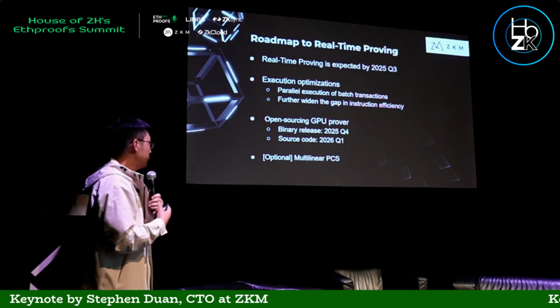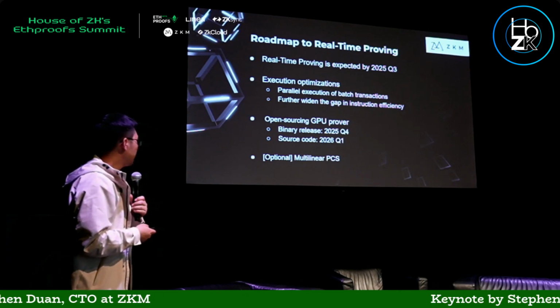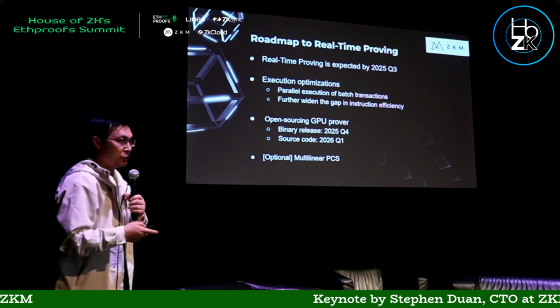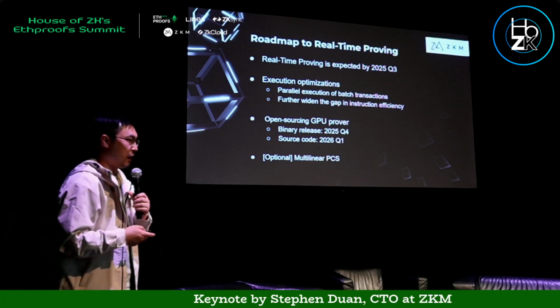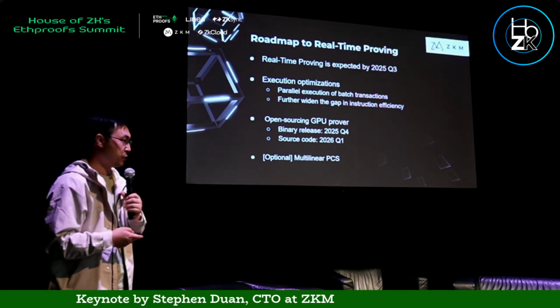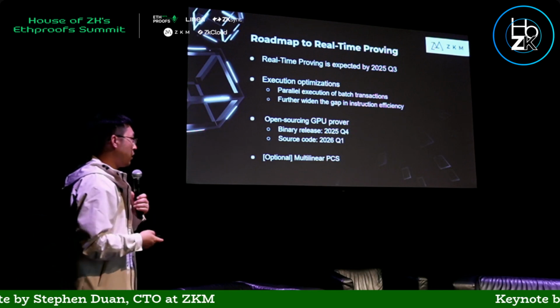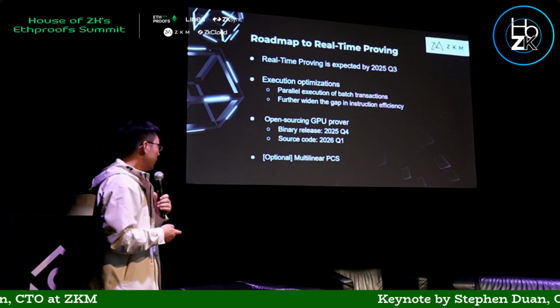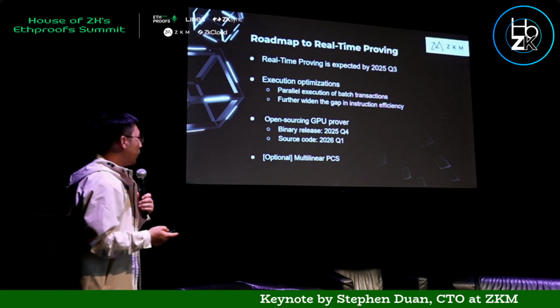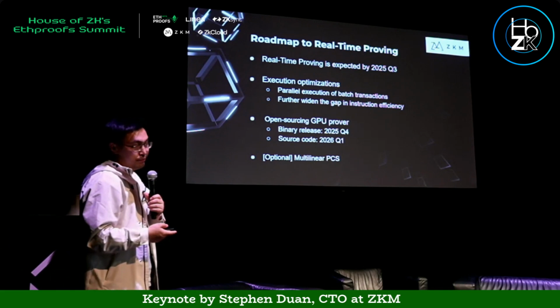I totally agree that open source is very important for a ZK virtual machine, so we plan to open source our GPU implementation by Q4, and the source code will be open source maybe next year in Q1. We are on Plonky3 right now, and we are also researching some multilinear PCS meanwhile.